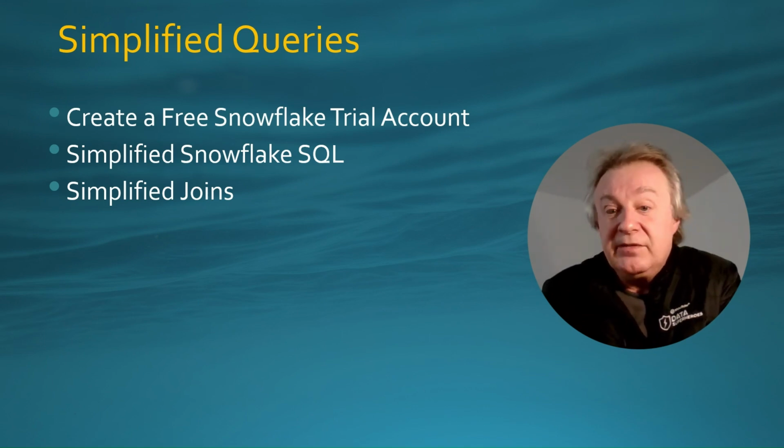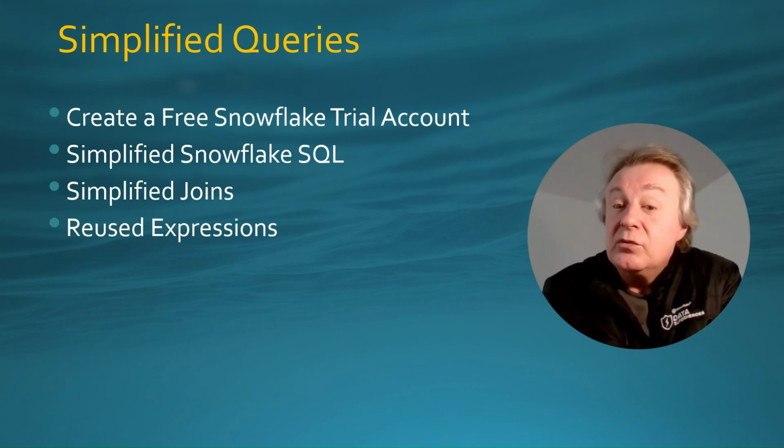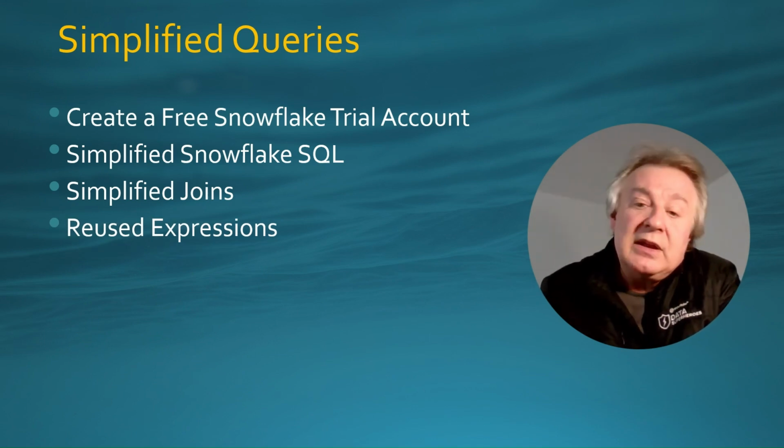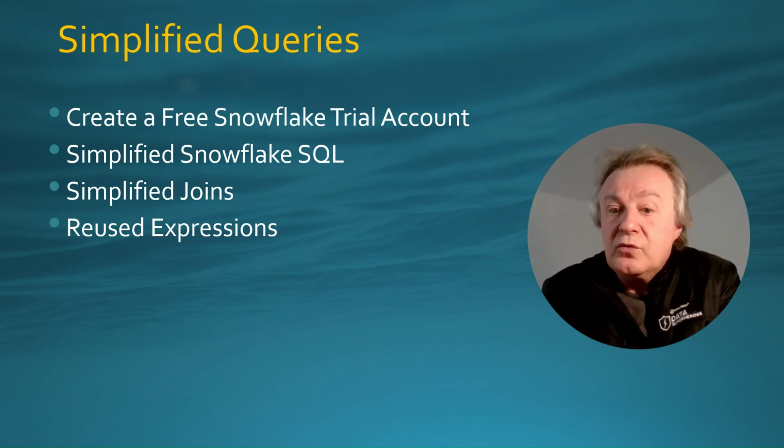Even for joins, with simplified joins, for instance, you're not required to use an ON clause. You can pass a WHERE clause and so on. Reused expressions: what does it mean? You usually establish aliases for expressions in the select projection list.